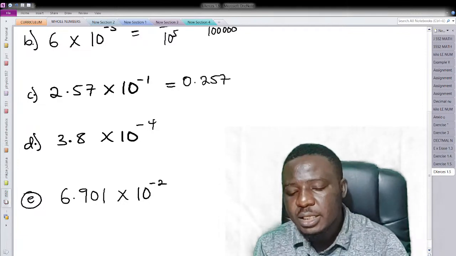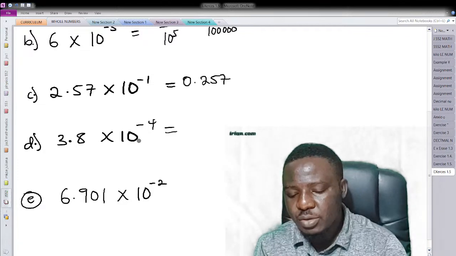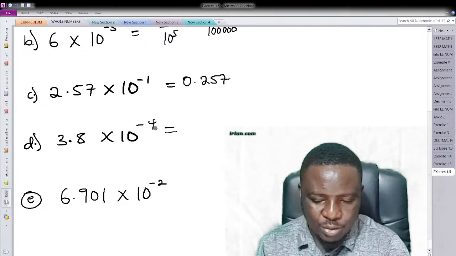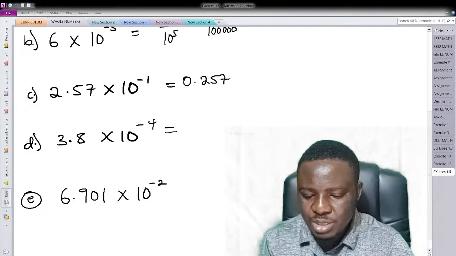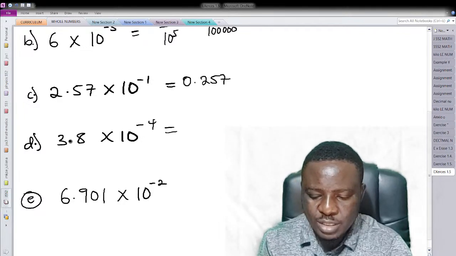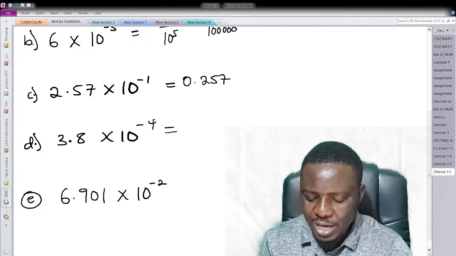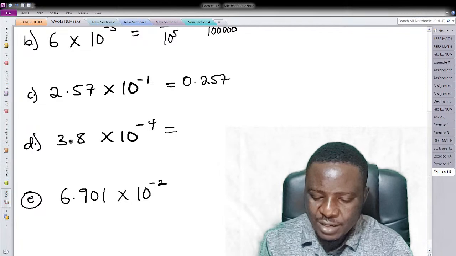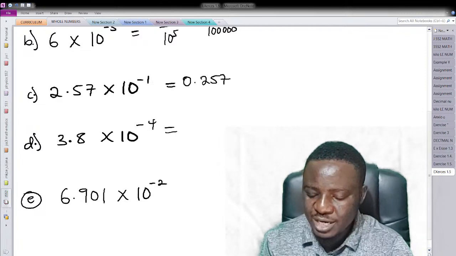Okay, next, with D, this is 3.8 times 10 raised to the power of -4. Now that means that I'm going to move the decimal point 4 times to my left, right? And if I should move it 4 times, it therefore means I'm going to have 3 zeros in front of 3.